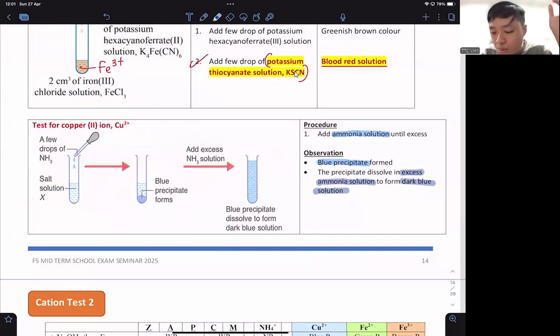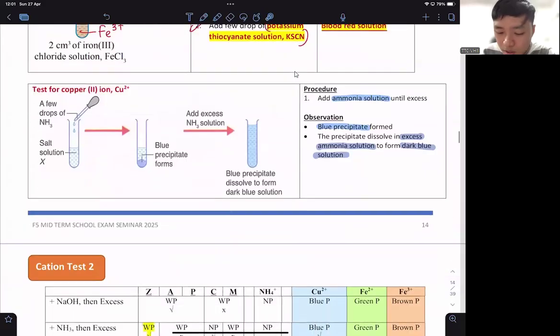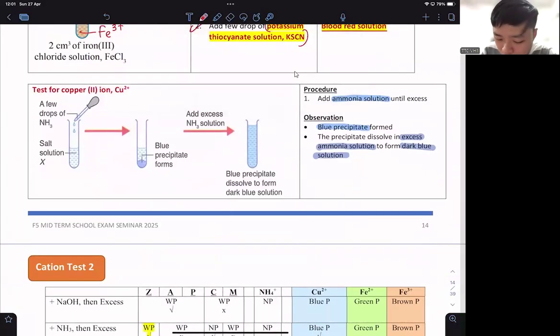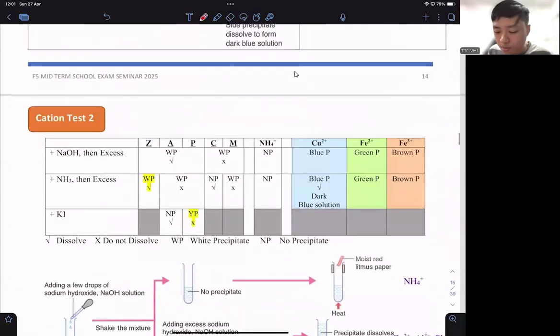That means at the beginning you add ammonia, you get a blue precipitate, but when you add more ammonia solution, the precipitate just dissolves in the solution. This proves inside you have copper(II) ion.